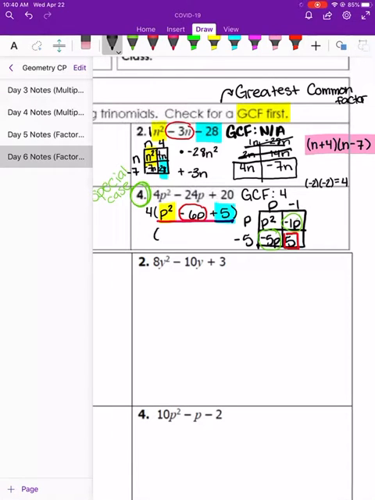So the way we would write our answer, up top I have p minus 1, and on my side I have p minus 5. If we remember from up above, we had this 4, and we have to make sure we bring that 4 down. So my final answer is going to be 4 times p minus 1 times p minus 5.